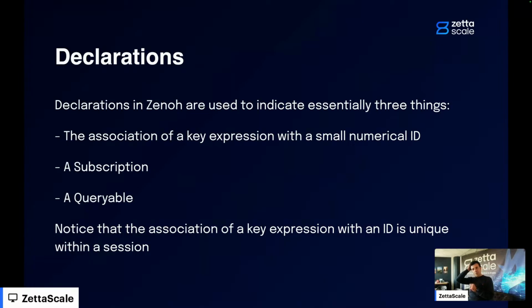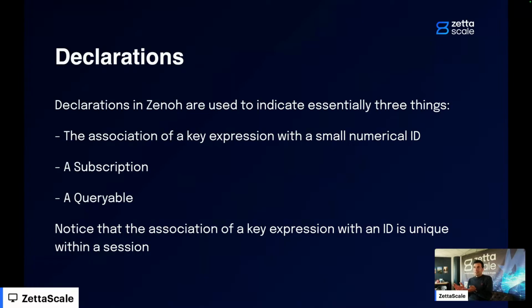I will show you this in action in a Wireshark capture in a moment. Then you can declare subscriptions, or you can declare queryables. So you see that here, there is nothing like declaring a publisher. Why?